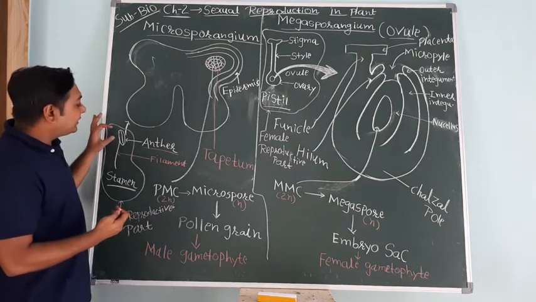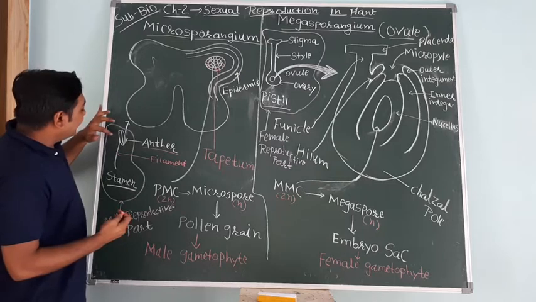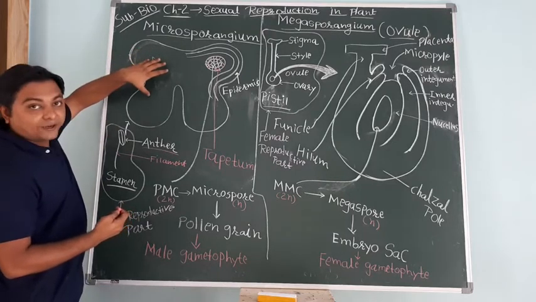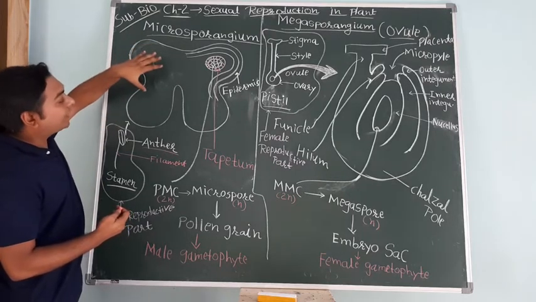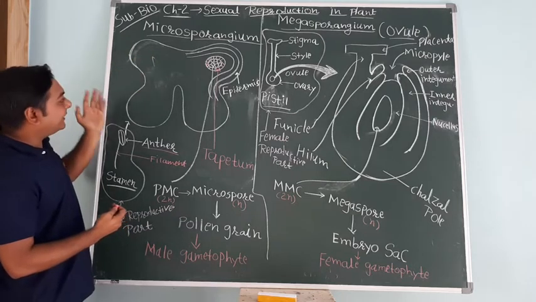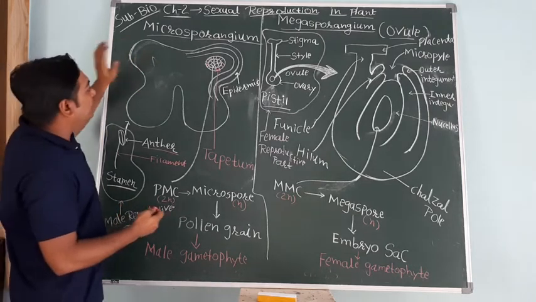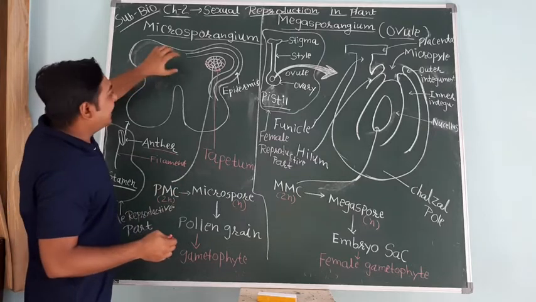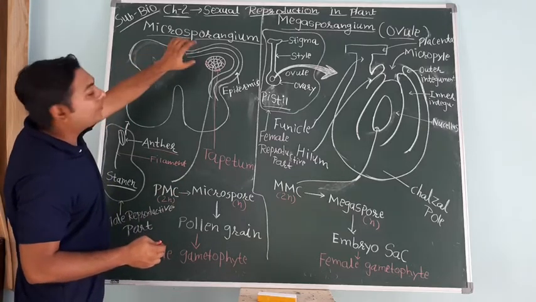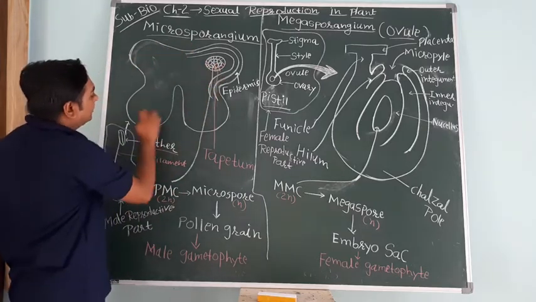Okay, so the anther is divided into microsporangia. If we cut the anther in cross section, then we can see this type of diagram. The anther has four microsporangia: 1, 2, 3 and 4.